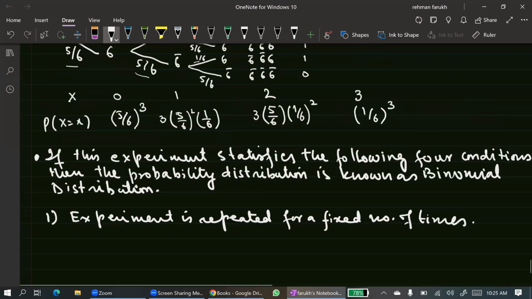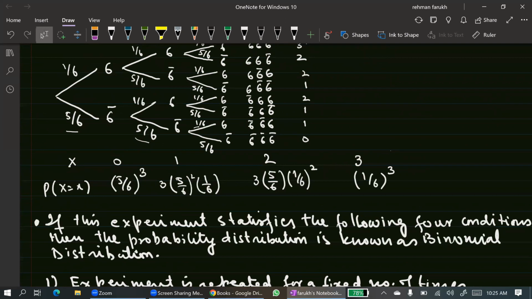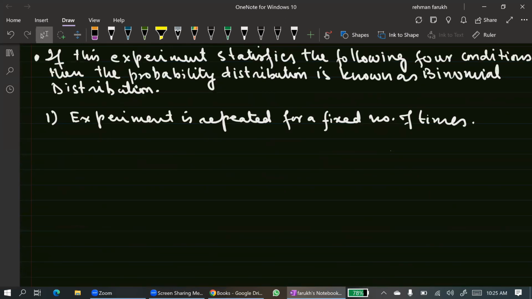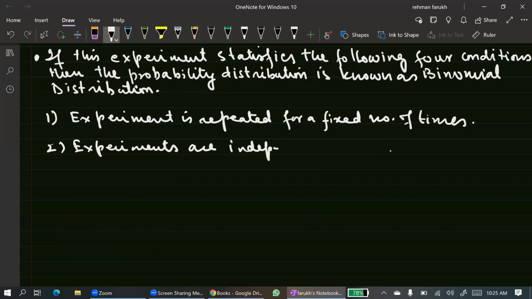Yes. In the above question, the dice is rolled thrice. So yes, the experiment is repeated for a fixed number of times. That is 3. Now, the second condition is experiments are independent. Yes, the experiments are independent.